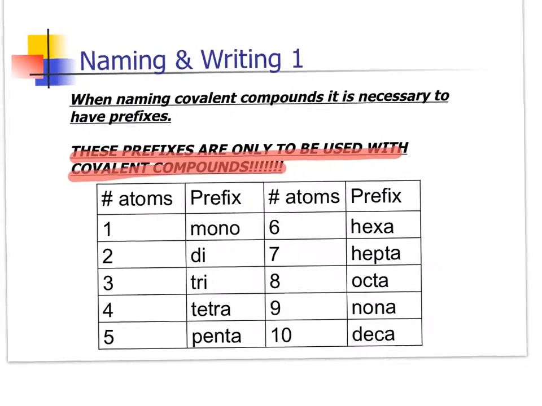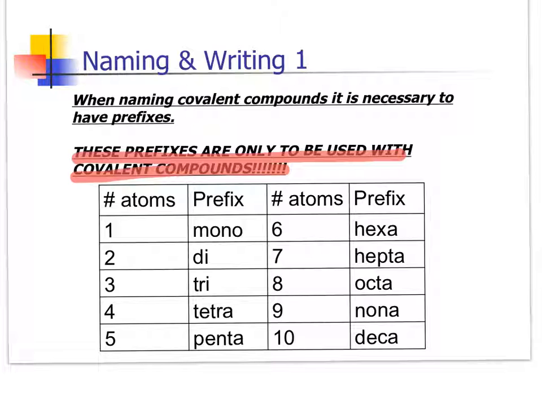I would suggest writing this chart down so that you have it for reference. You will not use them for ionic compounds. When we talk about ionic compounds, we'll have a different way of doing that.